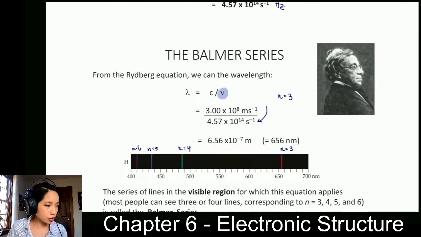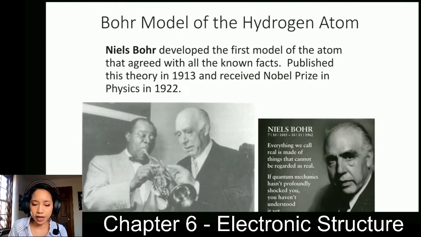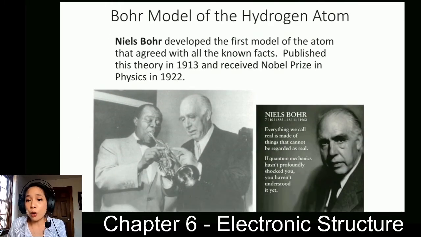And that brings us to the next part, so I'll just finish the story of how we came up with the hydrogen atom. So Balmer essentially laid the foundation of the electronic structure that we today know of the hydrogen atom. He didn't understand why, but it took Niels Bohr to really fine-tune his equation and really understand why this works.